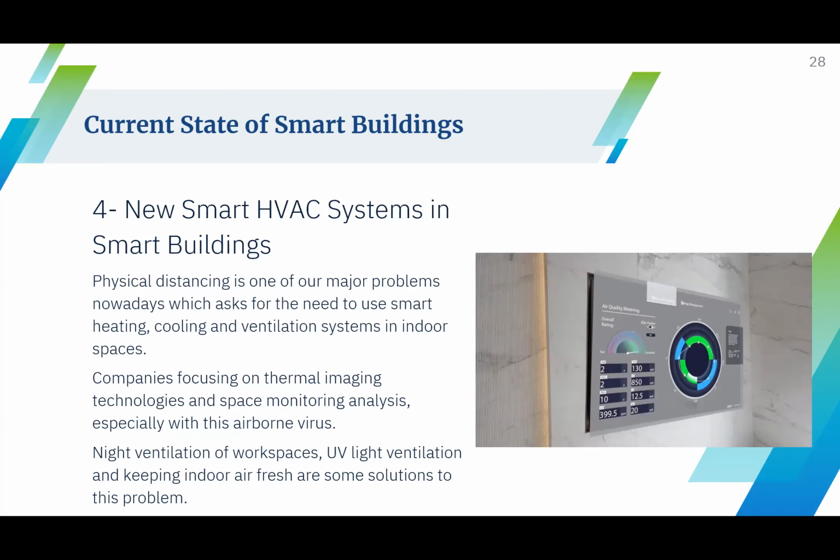So to obtain a healthy and safe environment, many companies have already started using IoT, and new investments in thermal imaging technologies and space monitoring analytics have been further studied. Some procedures were implemented, such as night ventilation of workspaces, UV light ventilation, and keeping indoor air fresh.